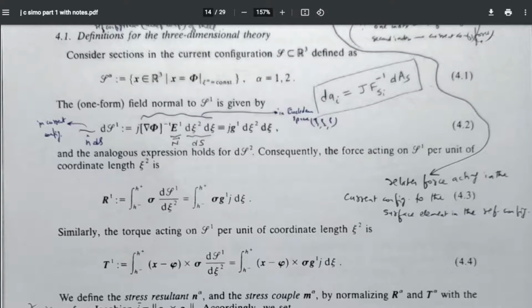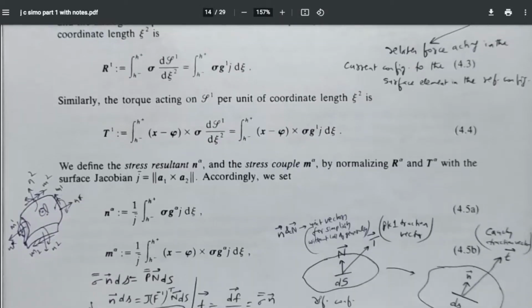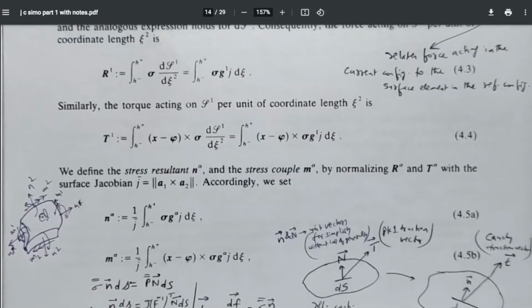Now if we go down, this is actually the expression of n alpha. It is just sigma times that d small a vector, normalized by dividing with the mid surface Jacobian, which is represented like this, a1 cross a2.